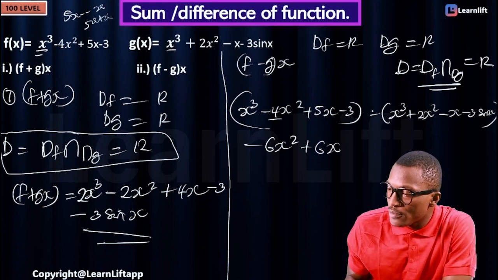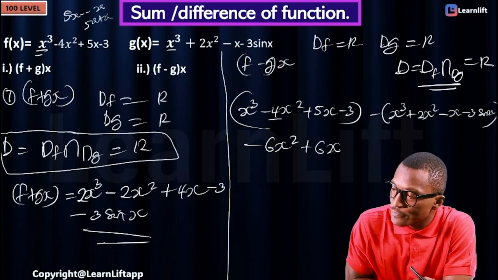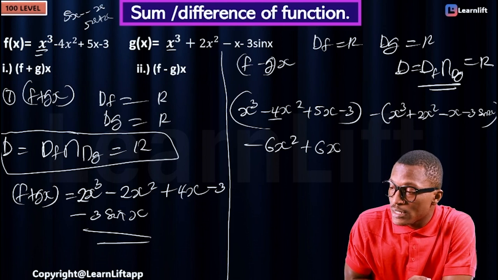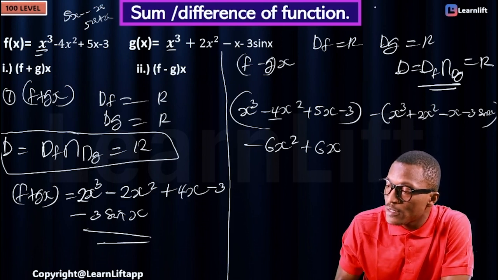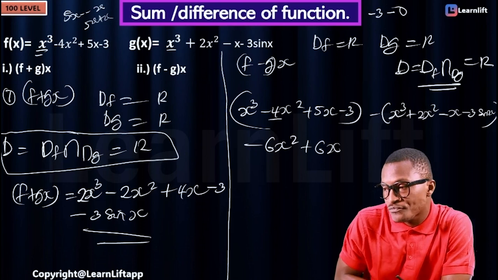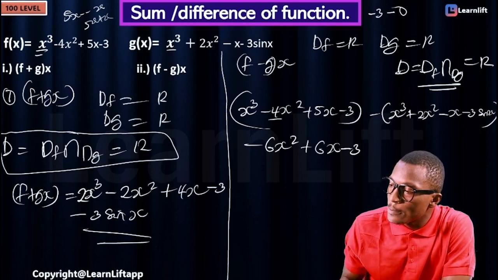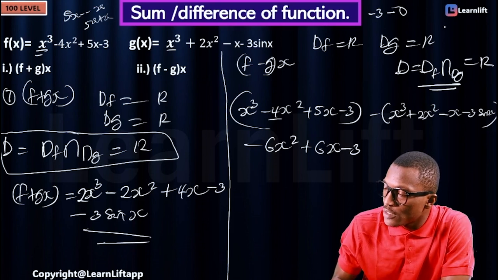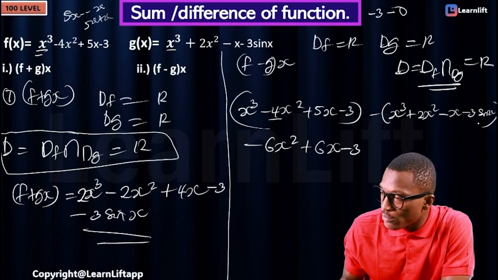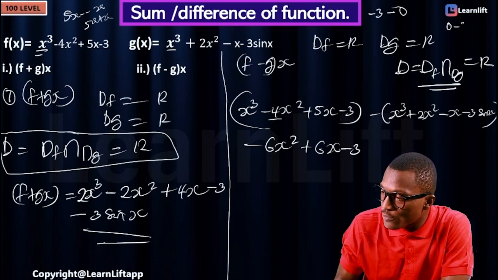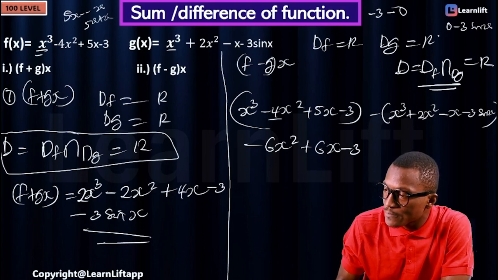Here we have 3, and 3 minus, there's nothing there now. That's the same as saying minus 3 minus 0, which will give me minus 3. For this one, that will give me 0 minus 3 sine x.